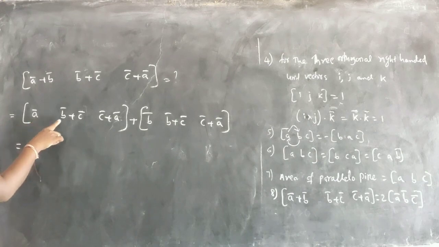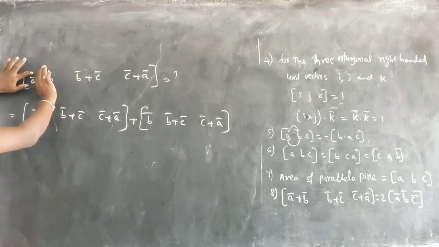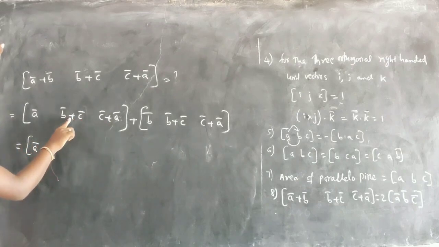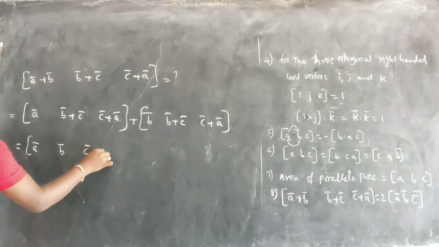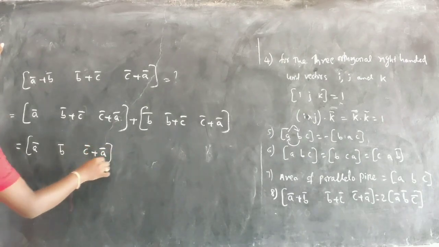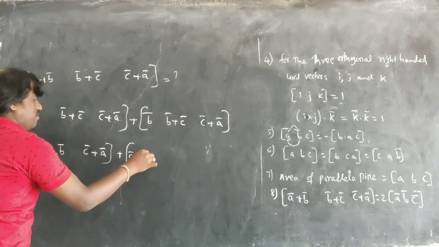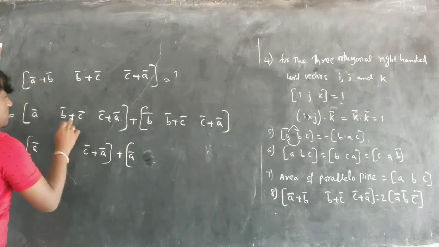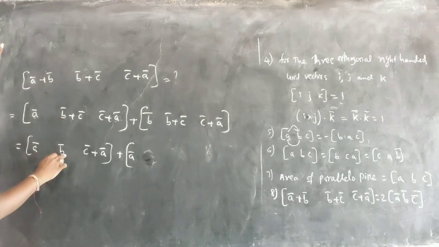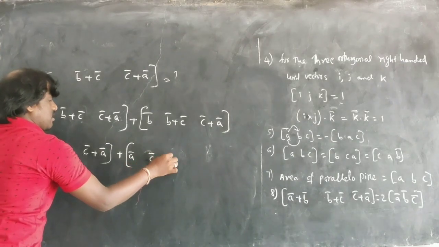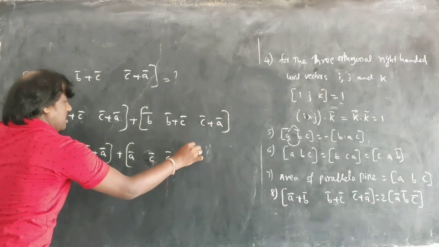Now here, A vector, B, like this you can separate the first part, and then now you can separate the second part. So B vector, C vector plus A vector, I can write like this. Then I can write A vector, B vector, C plus A vector.